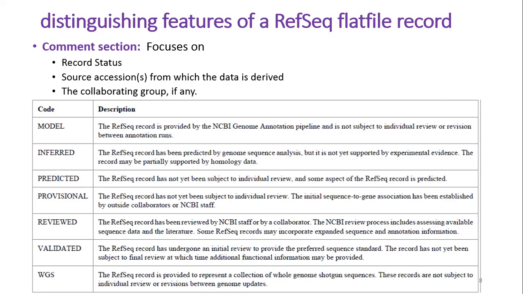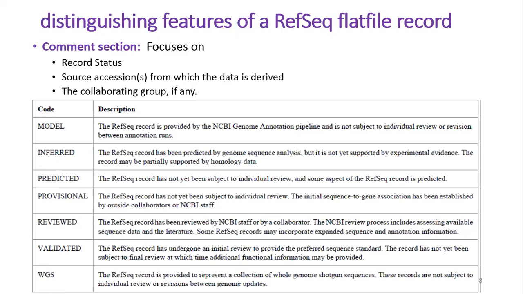Based on the details of annotation that are offered in that flat file record, these statuses are provided, and this status changes as the level of annotation increases. Initially, the status of a flat file record can be model, since it is not properly reviewed.